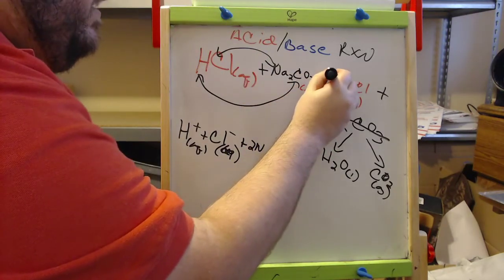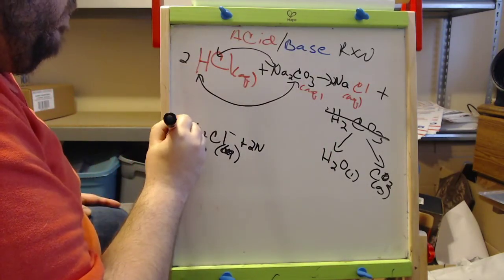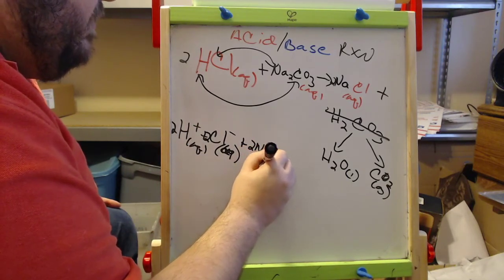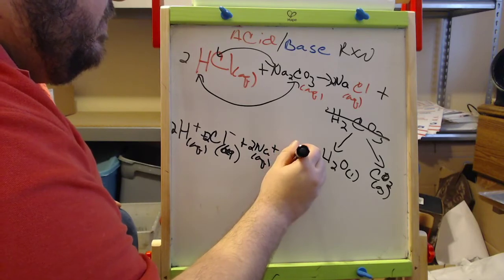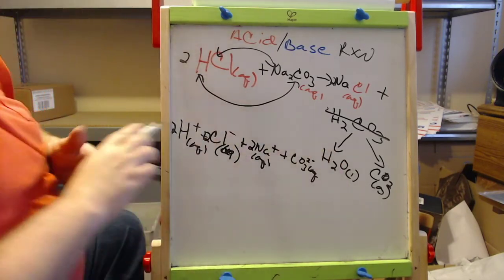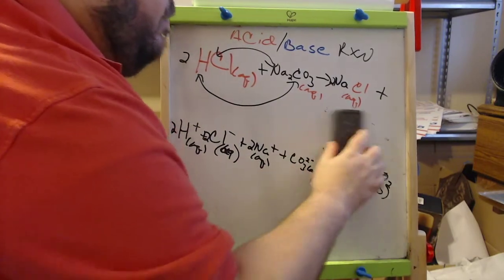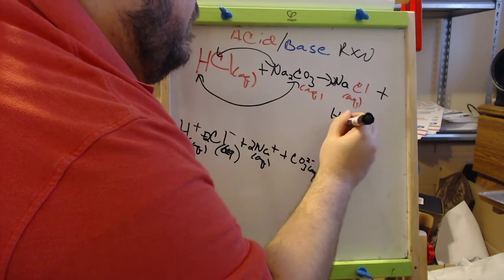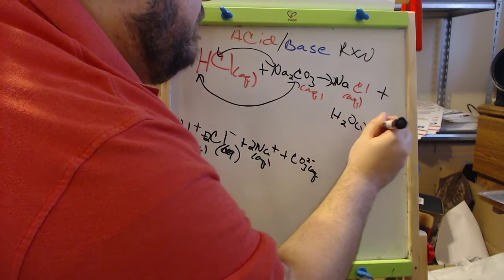So we need a 2 there and a 2 here, just for completeness. 2Na plus aqueous plus CO3 2 minus aqueous. So this would be H2O liquid plus CO2 gas.